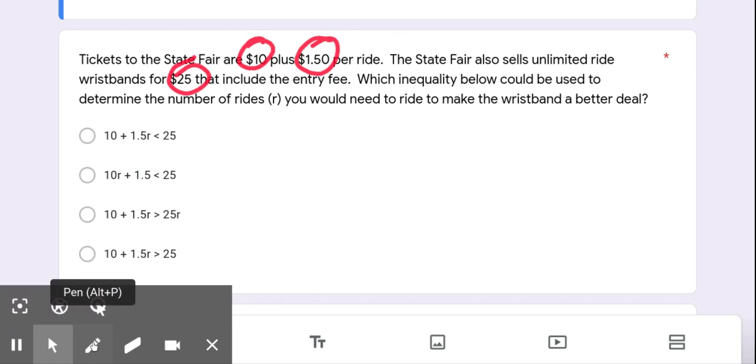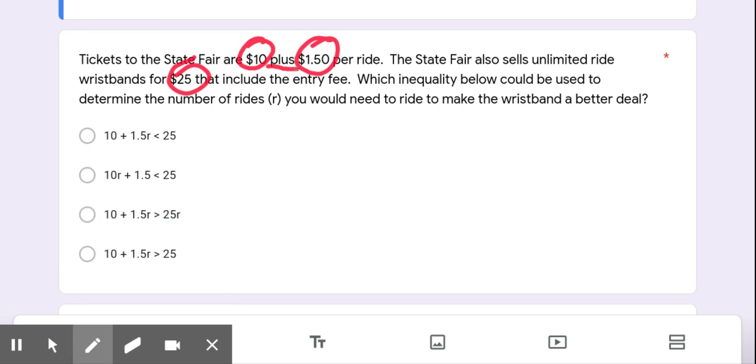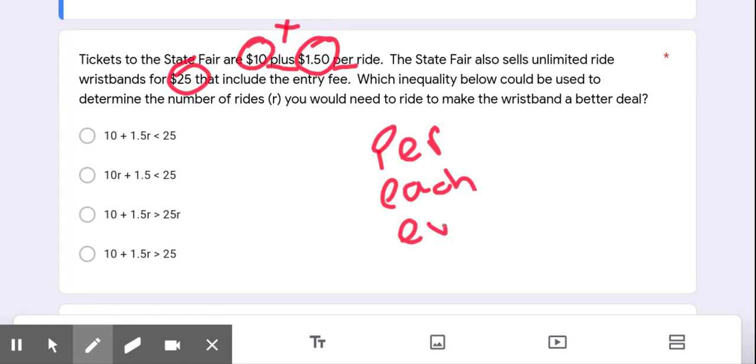Okay, so if I look at this, it says tickets to the state fair are $10 plus $150 per ride. So plus means I'm going to add. It's a plus sign, right? Per ride. Remember, if I told you per, each, and every, those are always multiplying.